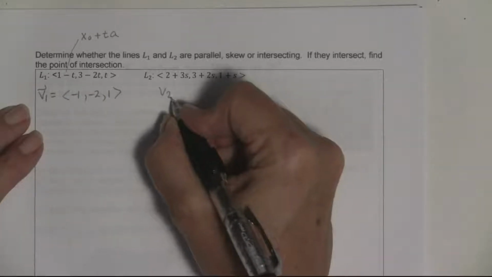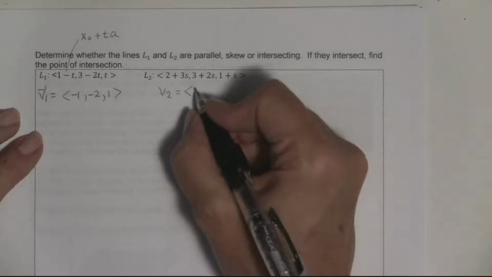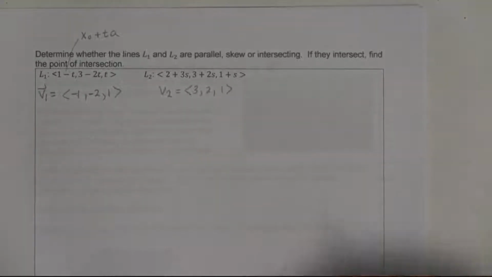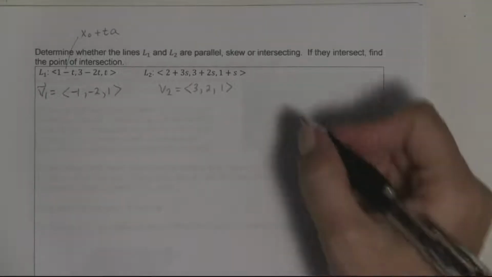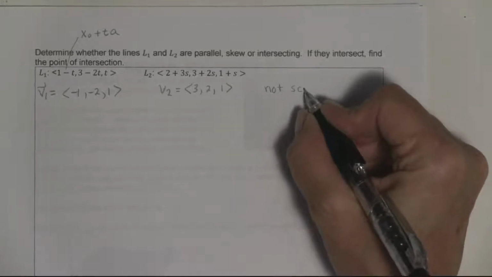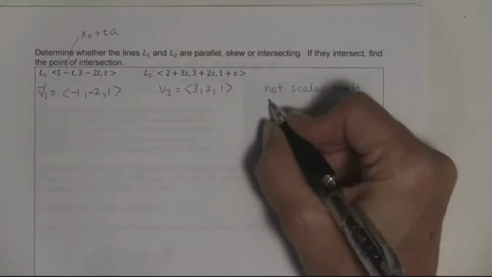And v2, the direction vector, is the coefficients of s: 3, 2, 1. You can see they're not scalar multiples of one another. So that means not parallel.